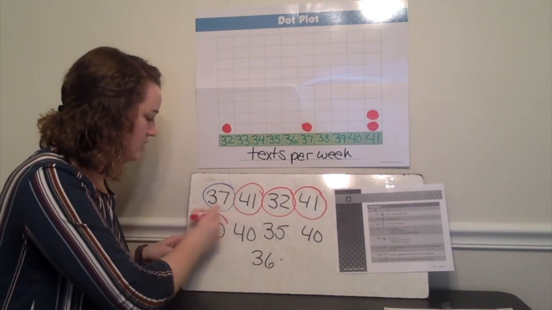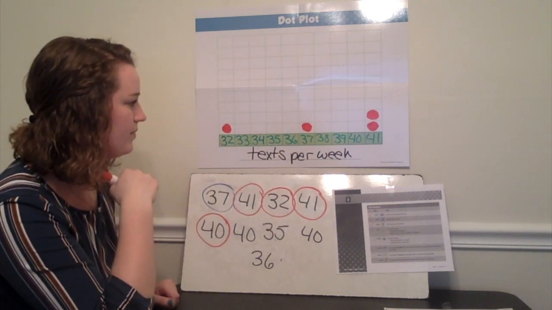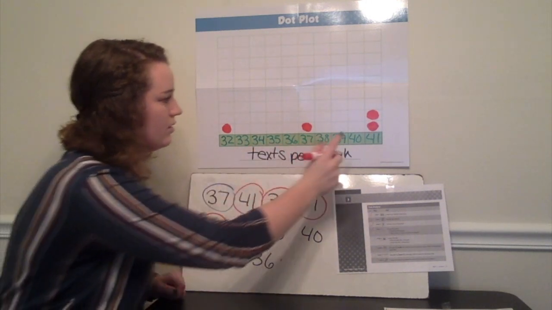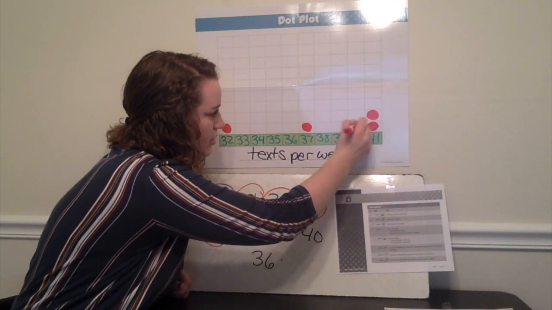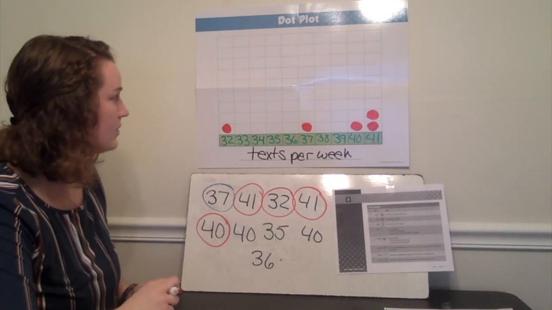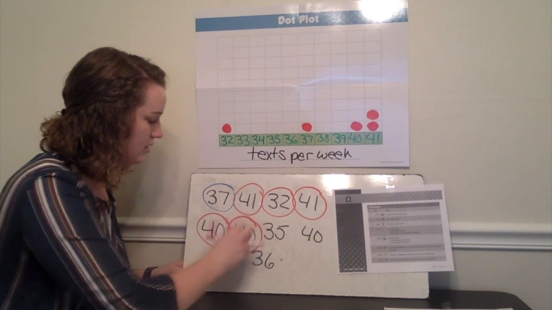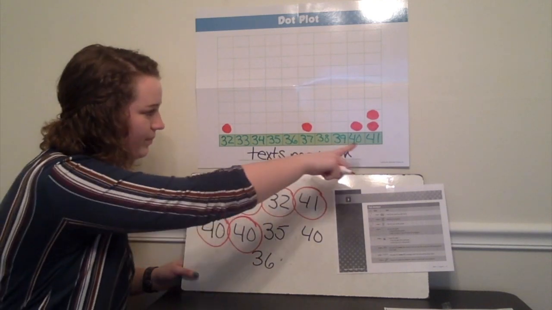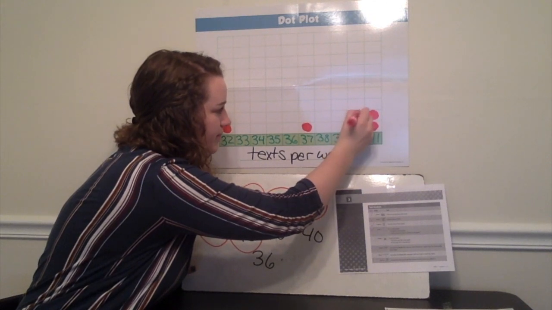Our next one is 40. So find 40 on here, and we're going to put another dot right above 40. Okay, our next number is 40 again. So find our 40, and we're going to put another dot above there.